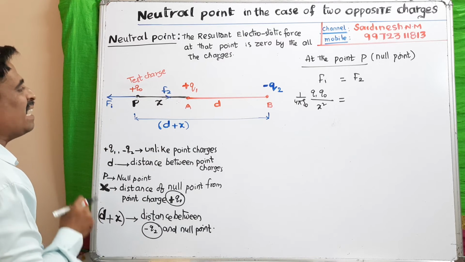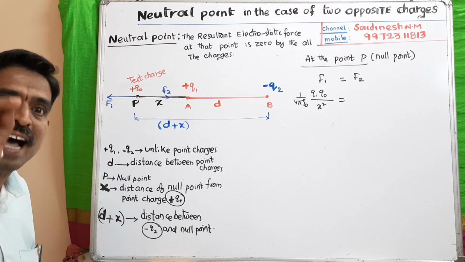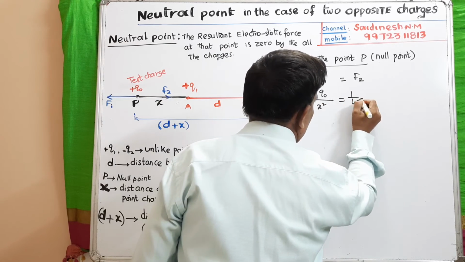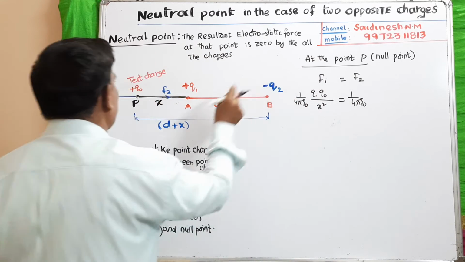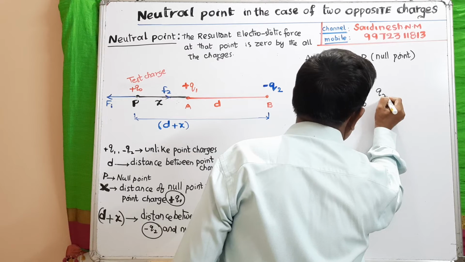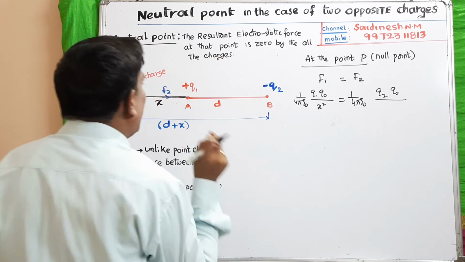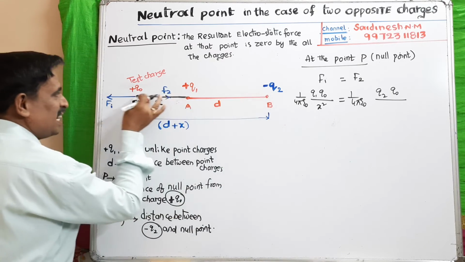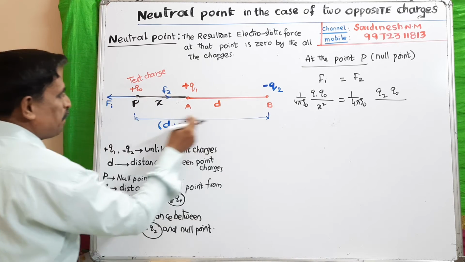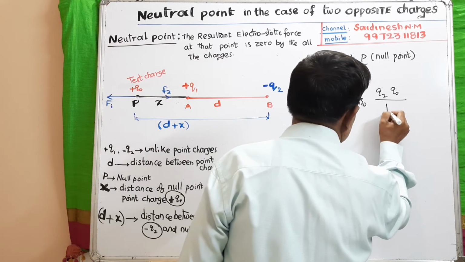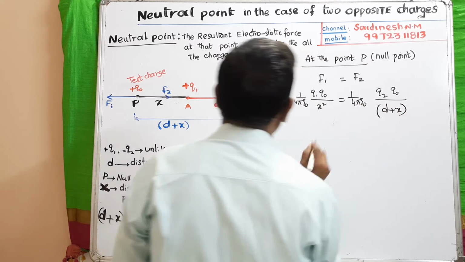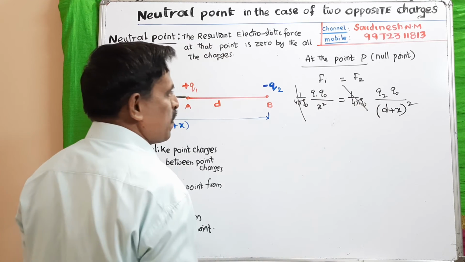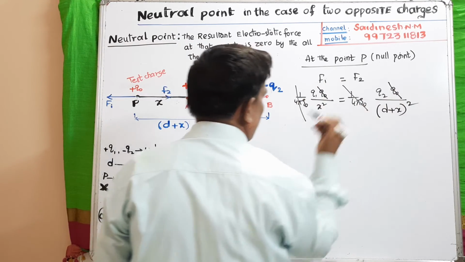Now please listen here. I am applying Coulomb's law in electrostatics. F2 is equal to 1 by 4 pi epsilon naught into Q2 Q0 by the distance between these two charges. The distance between these two charges is d plus x, squared. 1 by 4 pi epsilon naught cancelled, Q0 cancelled.